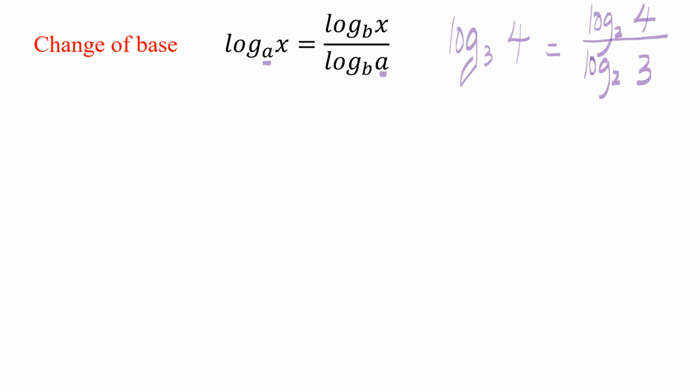Now we're going to do the proof. Right, so let's start off with log base a x equals y. If we start off in logarithmic form, then we're going to convert it to index form. So here my base is a, so converting to index form will be a to the power y equals x.